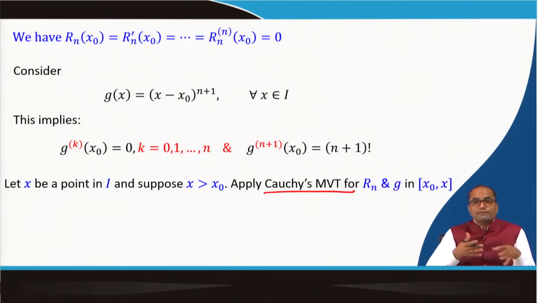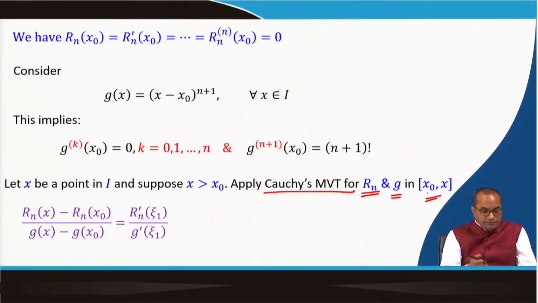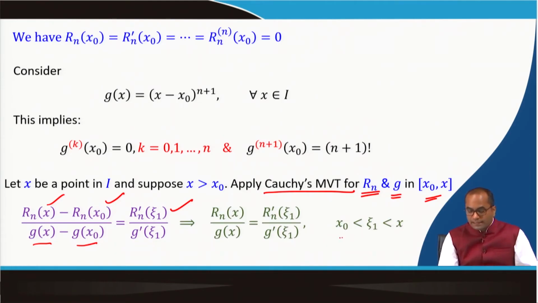So here also we have a nice application of the Cauchy mean value theorem to find out this error or the remainder term. So we use the Cauchy mean value theorem for Rn, the function which we have defined, and this g in the interval x naught to x. The Cauchy mean value theorem says Rn(x) minus Rn(x naught) over g(x) minus g(x naught) must be equal to Rn prime, the first derivative, divided by the first derivative of g at some point xi 1, and xi 1 lies between x naught and x.